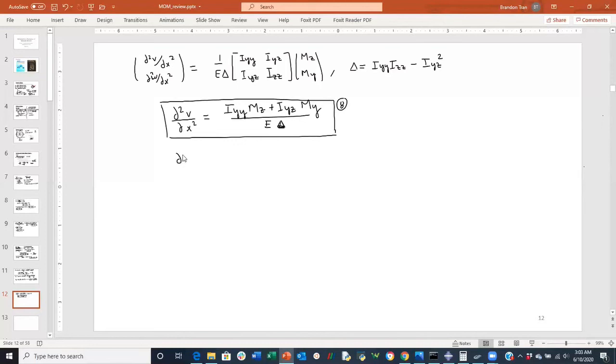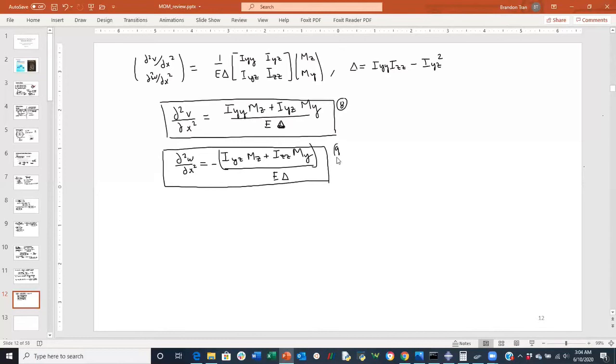Equation 9 would be this. Okay, second important equation here.